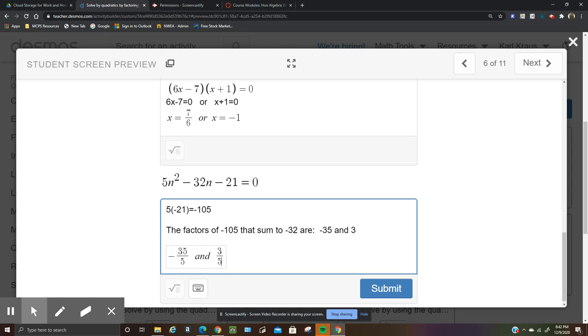So the first fraction becomes... well, first of all, let me simplify these. Negative 35 over 5 becomes negative 7 over 1. And 3/5 doesn't simplify.